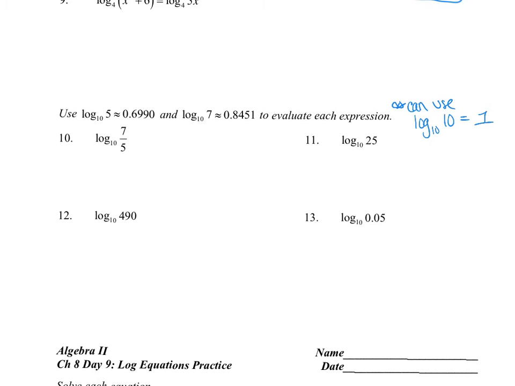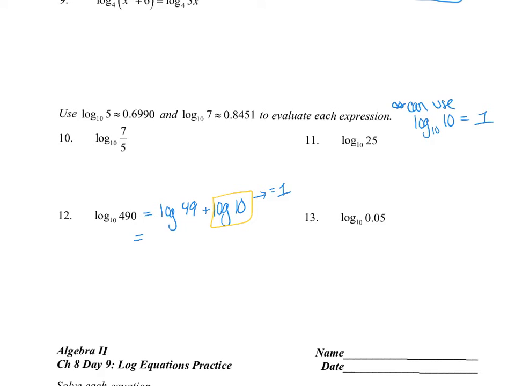So I can break this down into the log of 49. And remember, my implied base is a 10 when I don't write it. So the log of 49 plus the log of 10. And we know that this here equals 1, like we just said, because the base and the argument are the same. And while I don't know what log base 10 of 49 is, I can write 49 by squaring 7, which I do know.